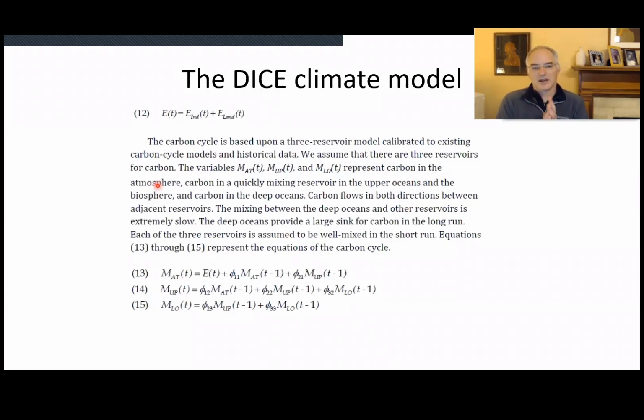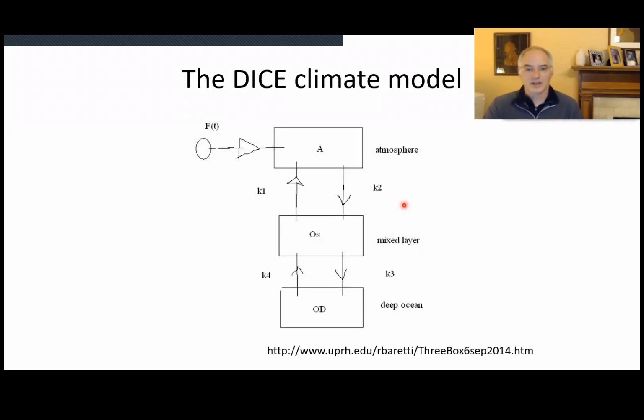The next part of the DICE model is the atmosphere and the oceans, these reservoirs of carbon dioxide. And the idea in the DICE model is that there are 3 reservoirs. There's the atmosphere, which is the layer that we're emitting the carbon dioxide into.